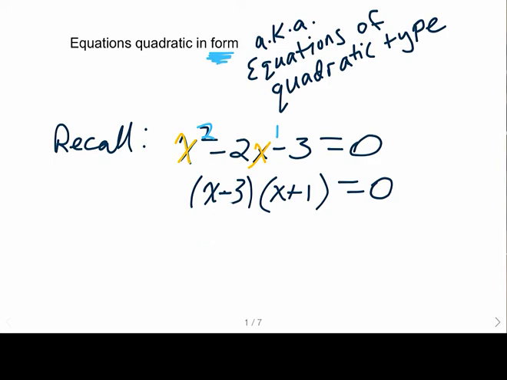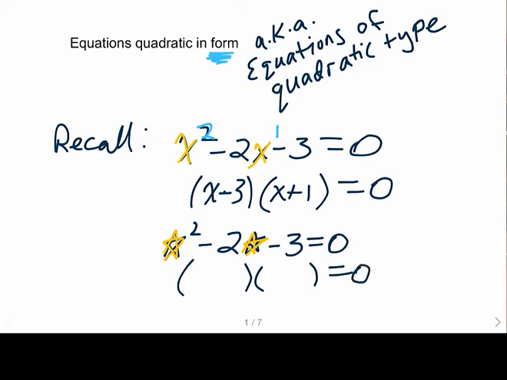So I'm going to throw something down here that's not really too much different. If we had something like star squared minus 2 star minus 3 equals 0, then you would recognize that star is taking the place of x, and when we factor this into our product of binomials, instead of putting x's as the first term in each set of parentheses, we would put stars in the first term of each set of parentheses.